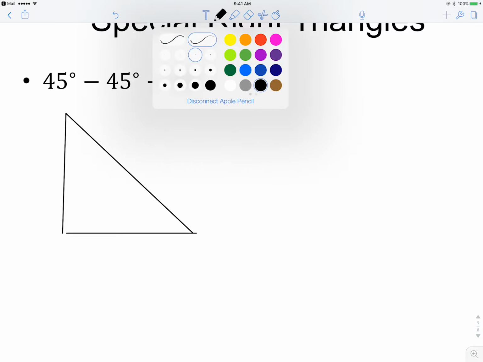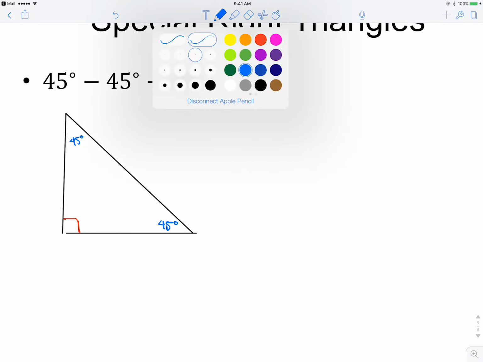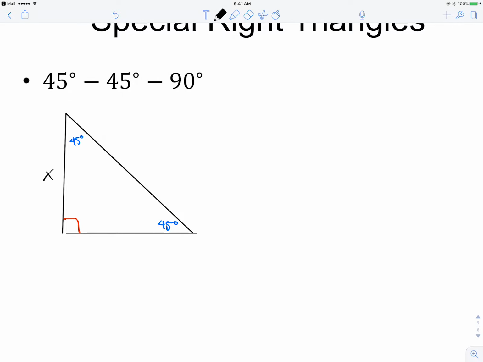Okay, so here's my right angle, 45 degrees, 45 degrees. I'm just going to call this side X and this side X. I'm going to call this H. It's the unknown. We want to get H in terms of X. So again, we can use our handy-dandy Pythagorean theorem, where we know x squared plus x squared is going to be equal to h squared.